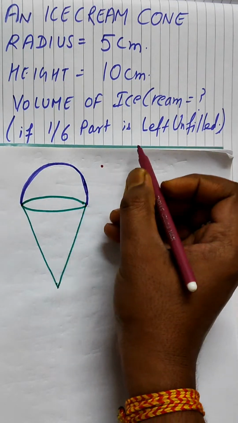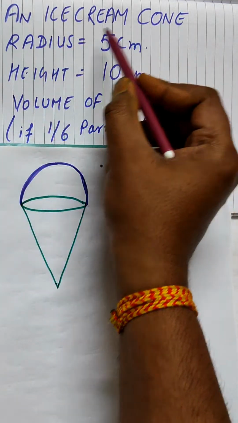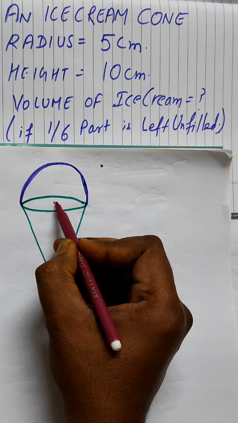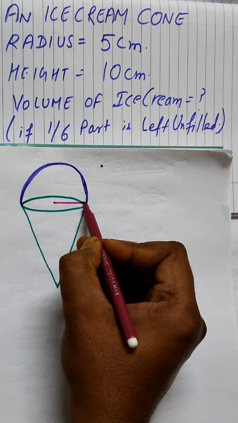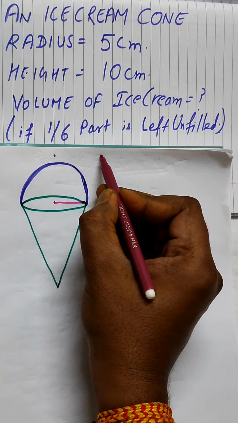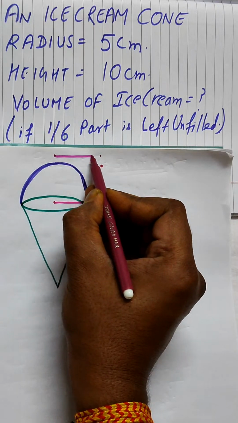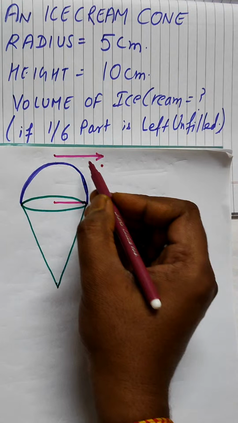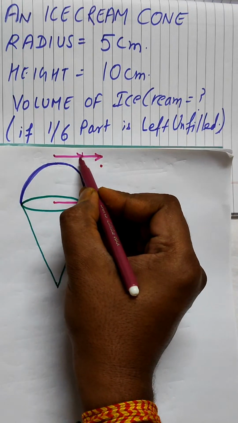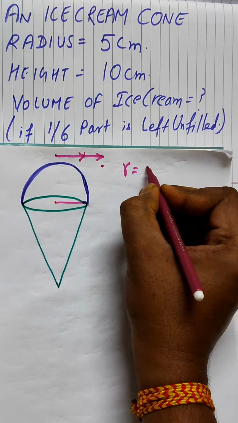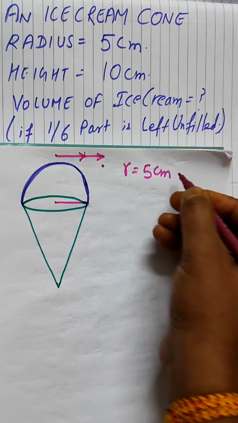That means you can see here an ice cream cone, radius 5 cm. So the radius from this point to this point is given to you as 5 centimeter.